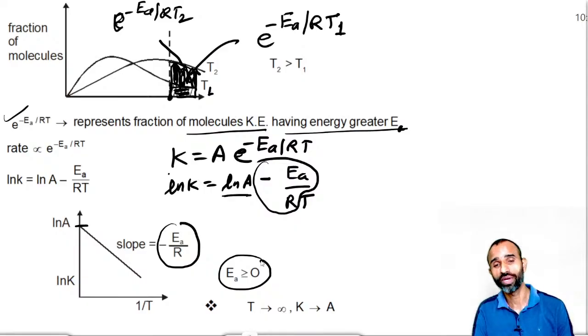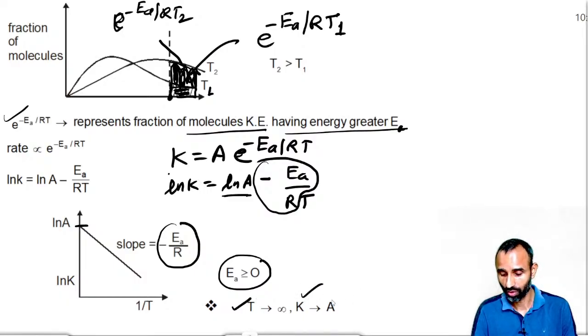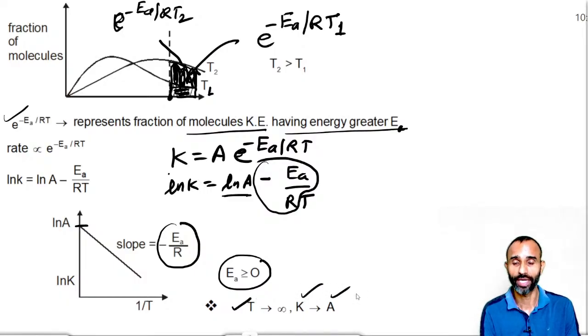It can never be negative. When temperature tends to infinity, K becomes equal to A, the maximum value of the rate constant.